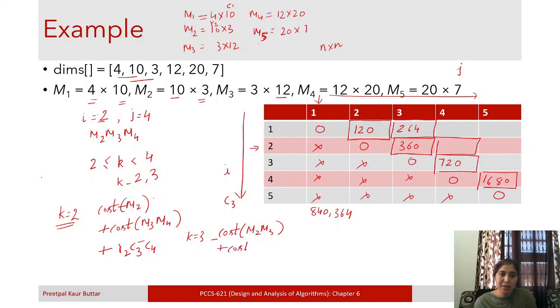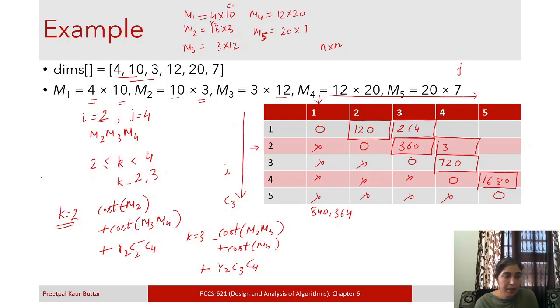Then in the second subproblem you have whatever is left, only m4 is left, plus the cost of multiplying these two subproblems together, which is r2, here it will be c3, okay, because only one matrix is there, and then c4. So whatever is the cost, you will pick the minimum of these two costs, and it will be 320, okay. So I'm just writing it here, you can verify it yourself, okay.